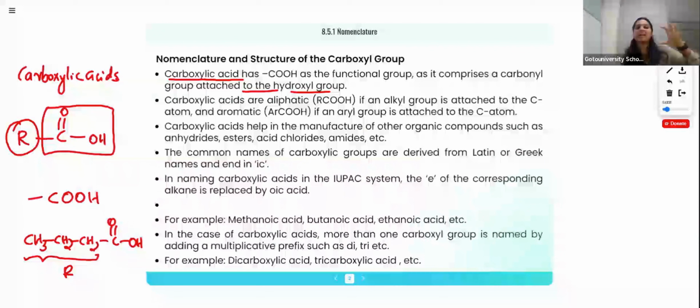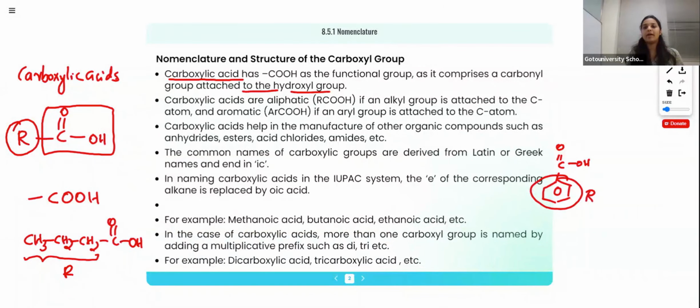Okay, means even an aryl group or aromatic group is attached to this group. Like, see, I will write here. You can see this benzene ring is attached to this carbon, COOH. Okay, see, instead of this R group, this is a benzene ring. This is an aromatic acid. Got it?